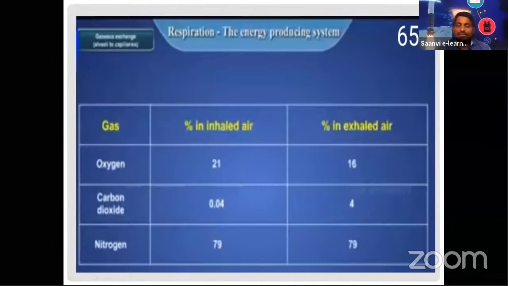Likewise, in the air you are breathing out, that is exhaled air, oxygen is present, carbon dioxide is present, nitrogen is present. What are the percentages of the gases you are breathing out? Oxygen 16%, carbon dioxide 4%, and nitrogen 79%. Okay, children?